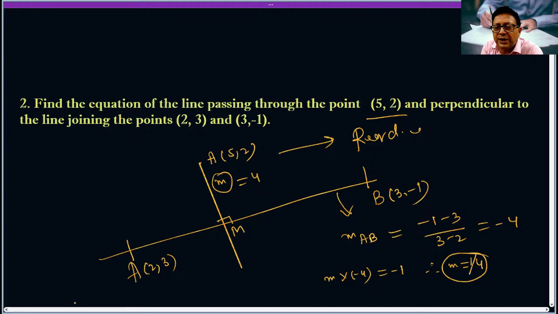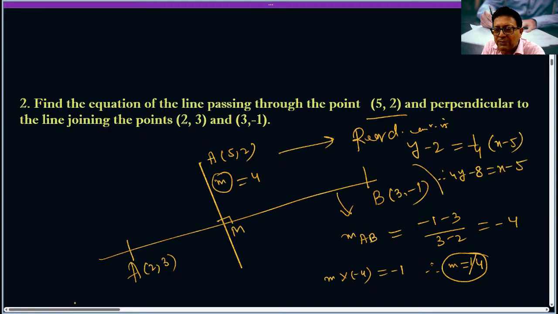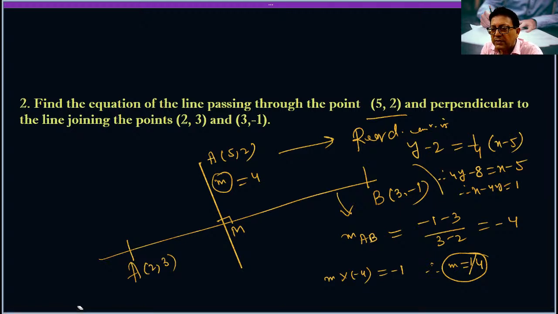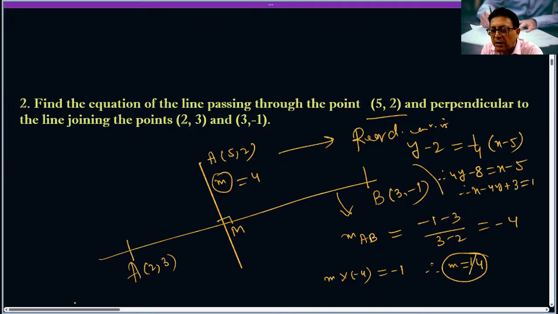So required equation is y minus 2 equal to 1 by 4 into x minus 5. So 4y minus 8 equal to x minus 5. Plus 3 equal to 0.